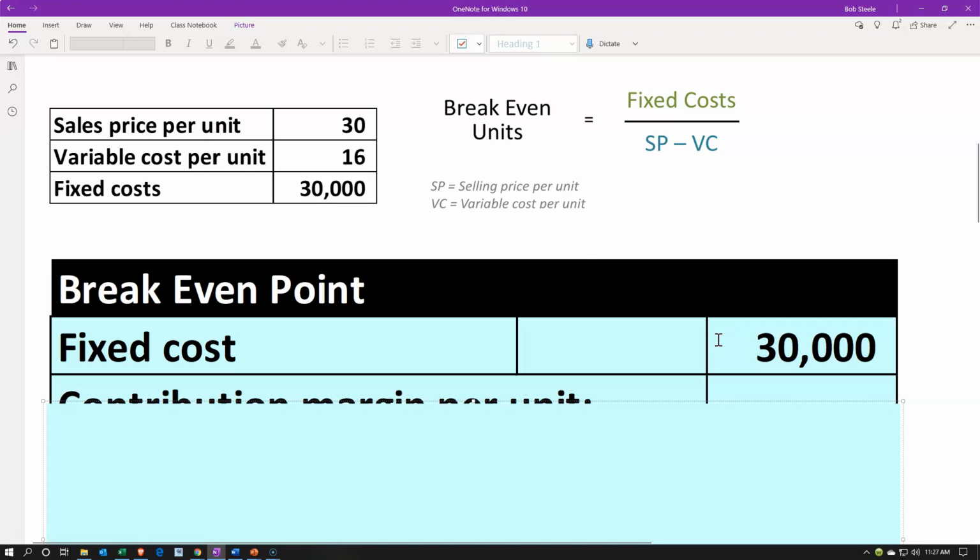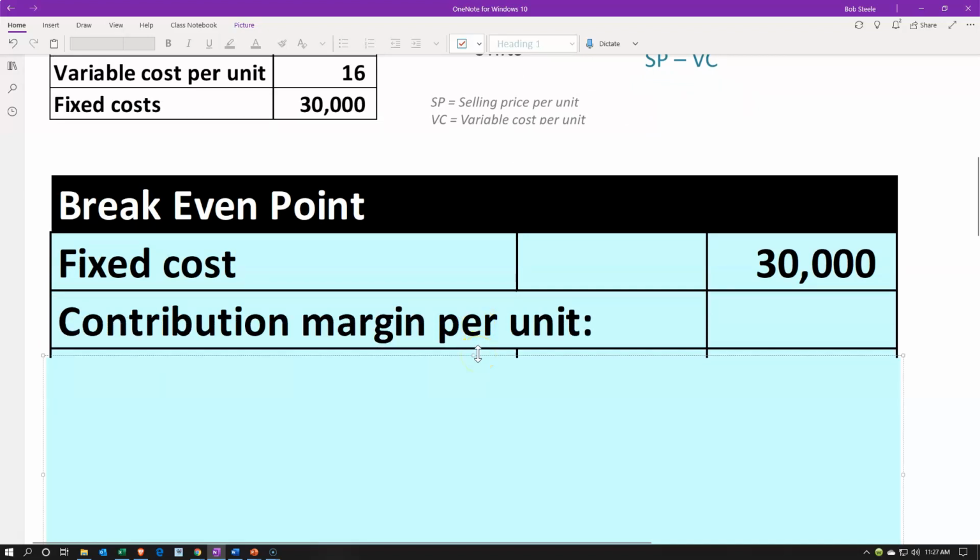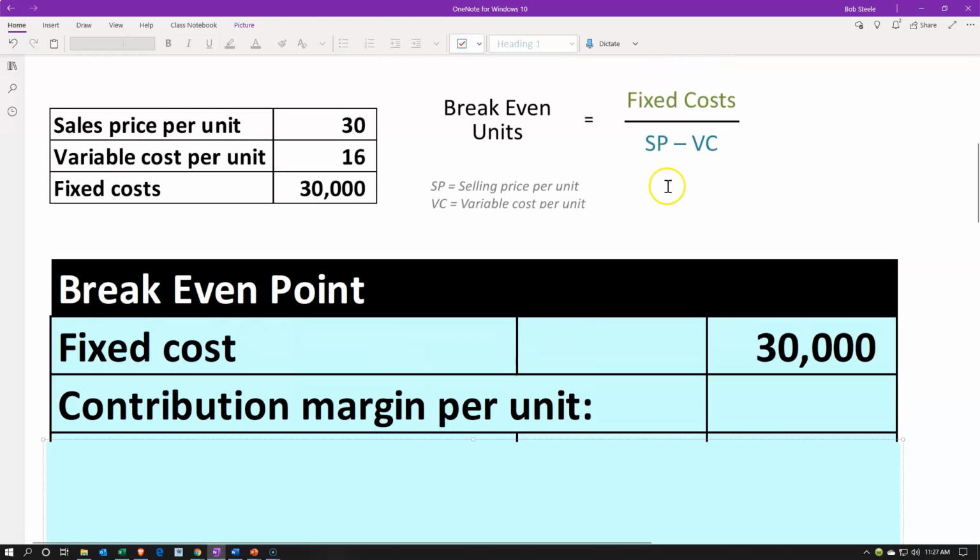Those are the things that don't change, things like the rent, that stay the same with increases and decreases in sales volume. Then we're going to calculate the contribution margin per unit. We're going to put a colon here because that's going to be representing the fact that we're going to have a subcategory calculation. That's going to be the denominator, sales price minus the variable cost, both per unit.